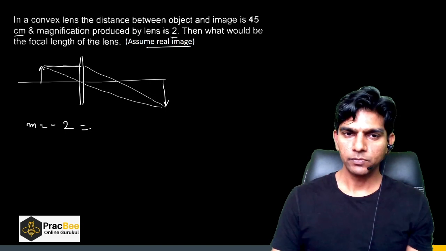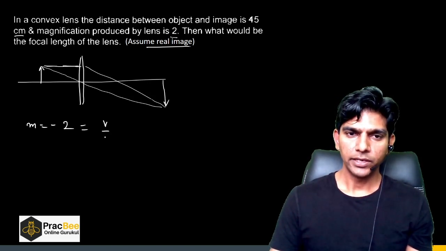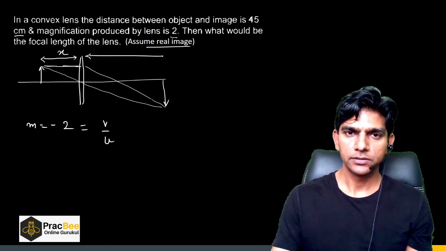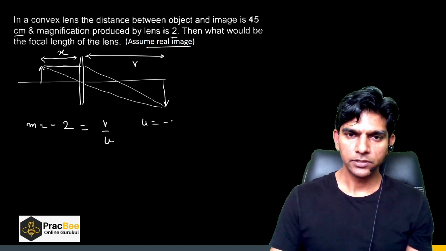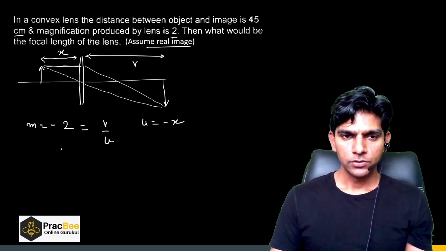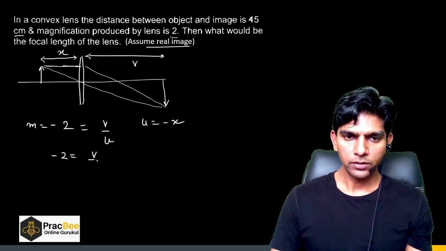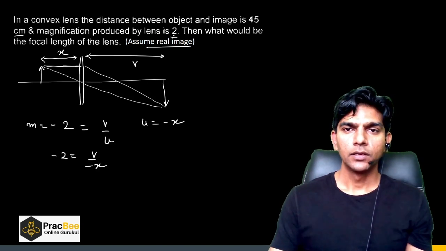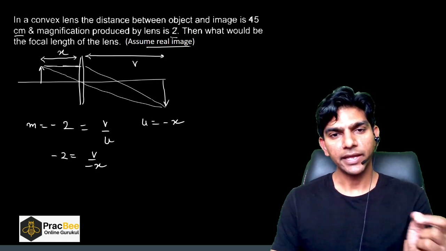If magnification is -2, we know that it is equal to V by U, where this is, let us say, X and this is V. So I can say U is nothing but minus X, right? So from here, -2 is equal to V upon minus X. And we have given 45 centimeter is the distance between the object and the image.